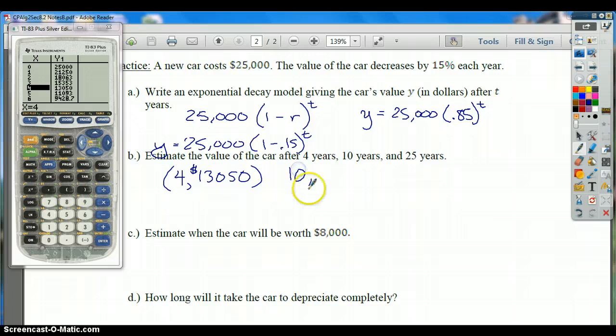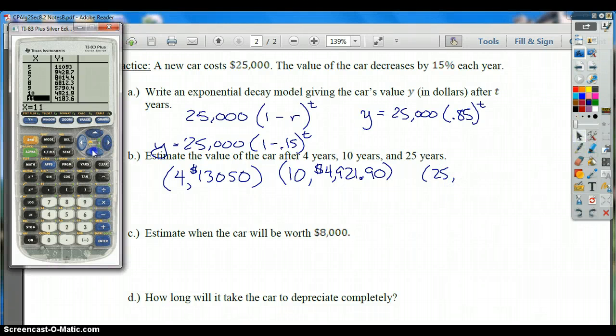At 10 years, we're going to be worth $4,921.90. And then in year 25, probably pennies. Let's take a look. You got to go all the way down here to 25. So it looks like $429.25.